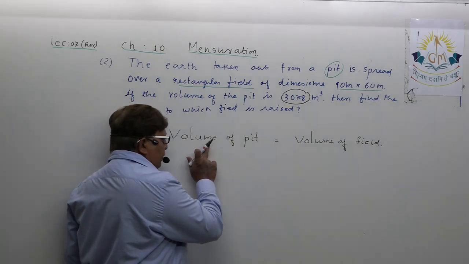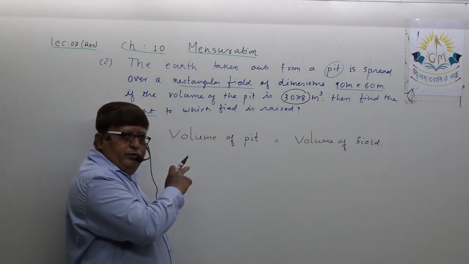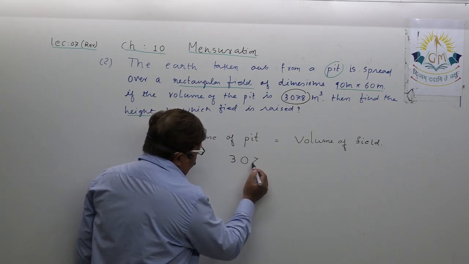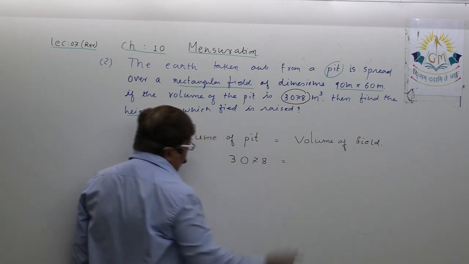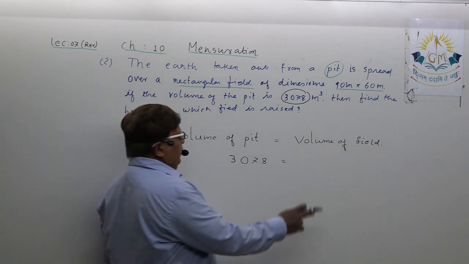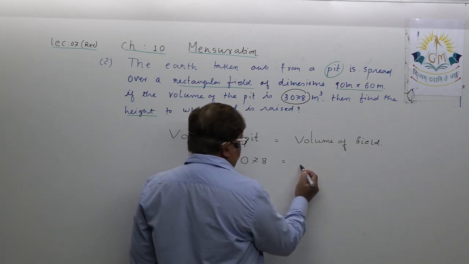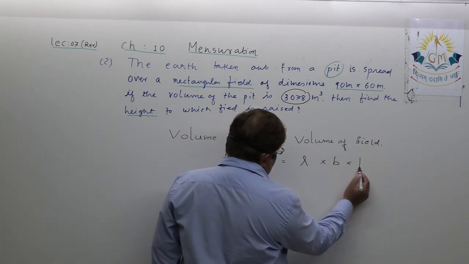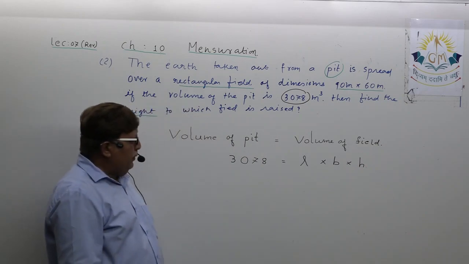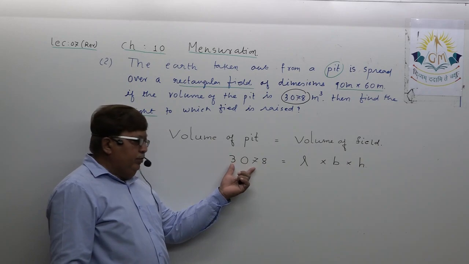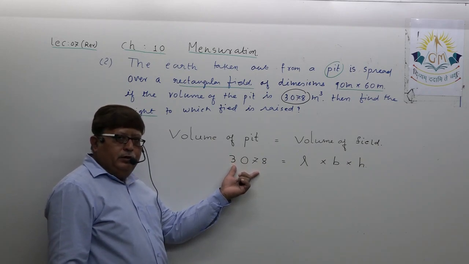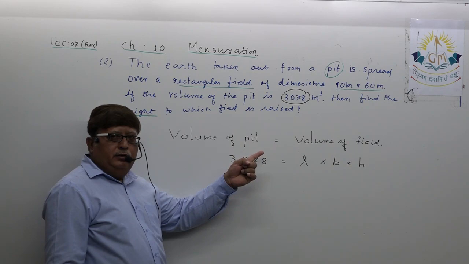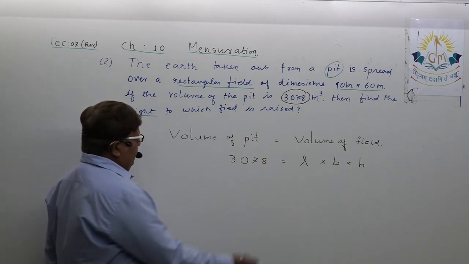So in place of volume of pit, we are going to replace that value: 3078 is equal to, in place of volume of field, I am going to write L into B into H. Is it clear? 3078 is equal to volume of field, L into B into H. Next step.